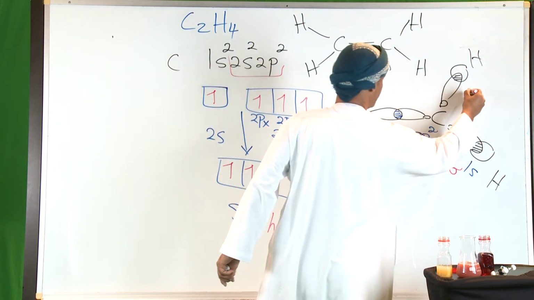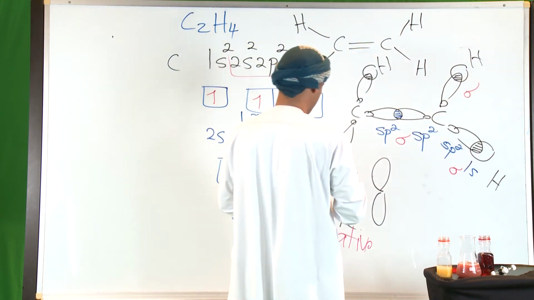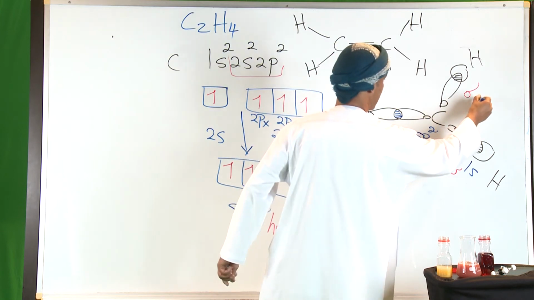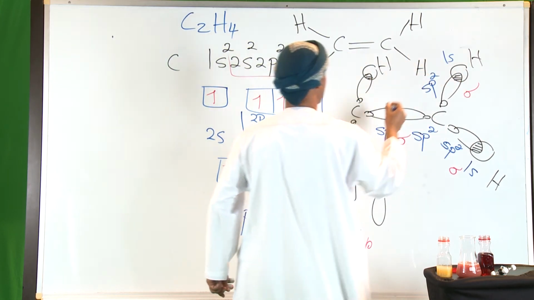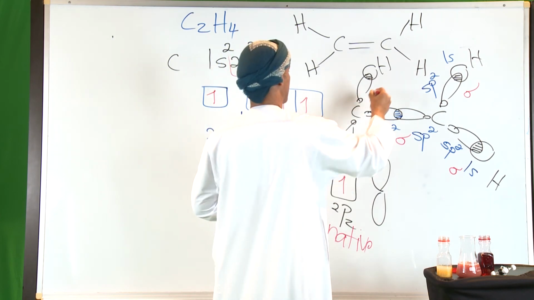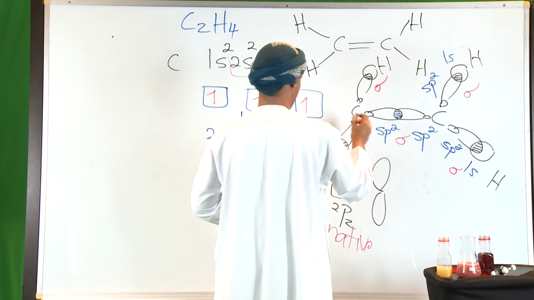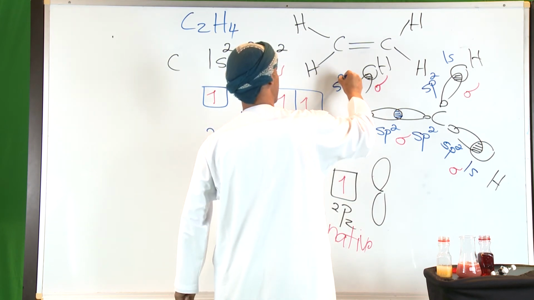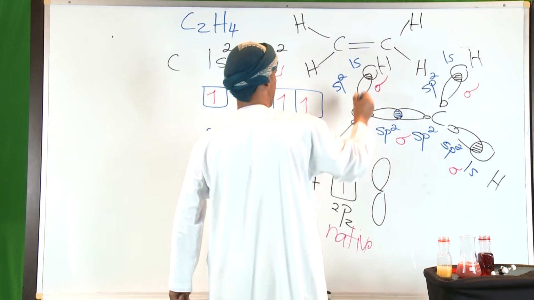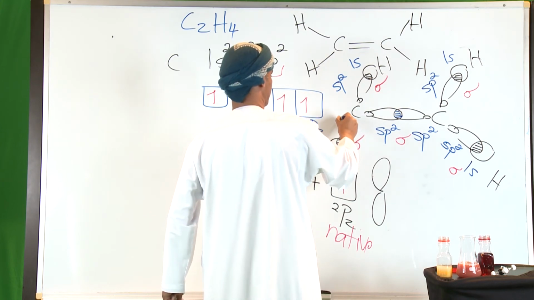That's another sigma bond, obtained as a result of overlap between an sp2 orbital from carbon and 1s from hydrogen, and this is a fourth sigma bond, which is also formed by overlap of an sp2 orbital and 1s.